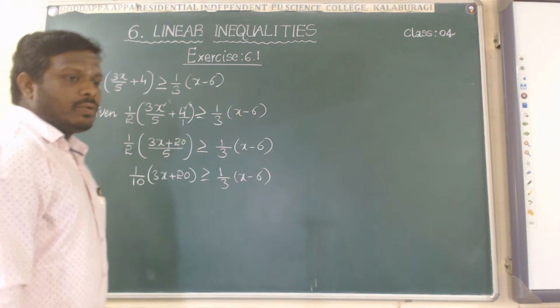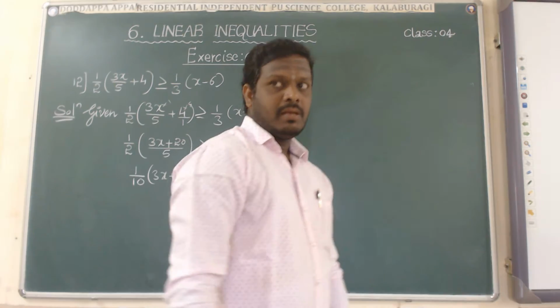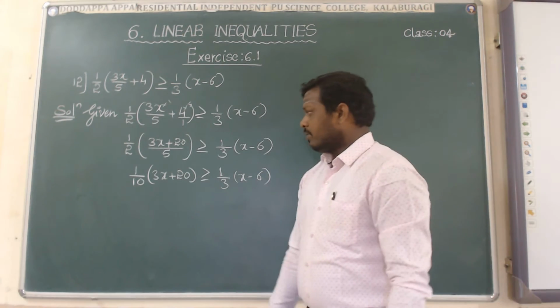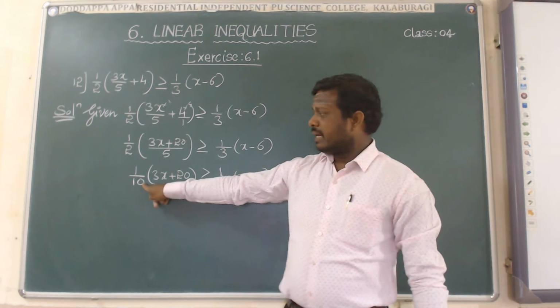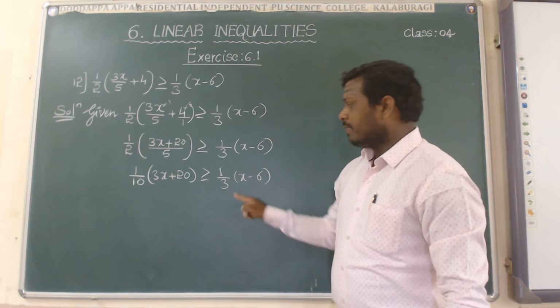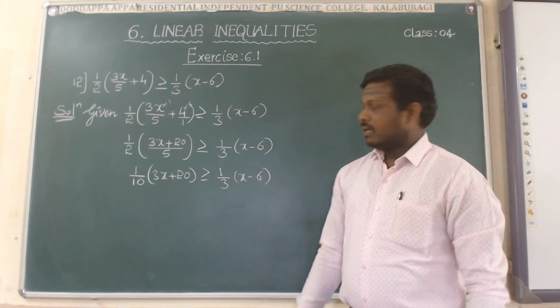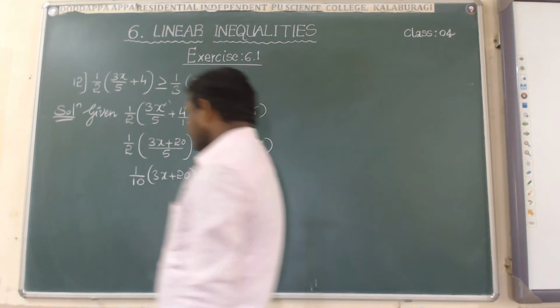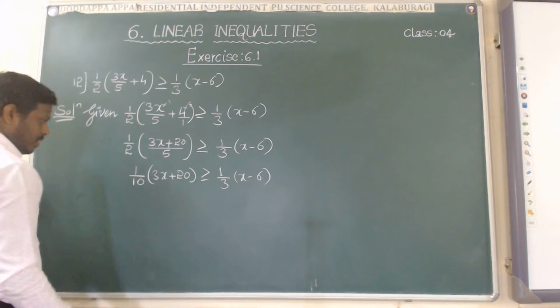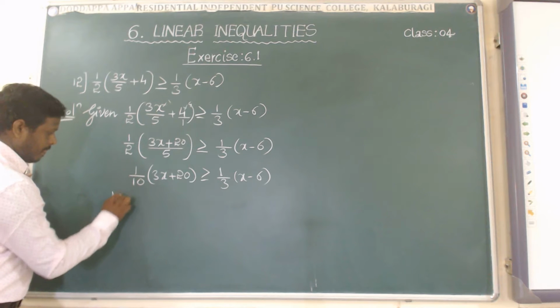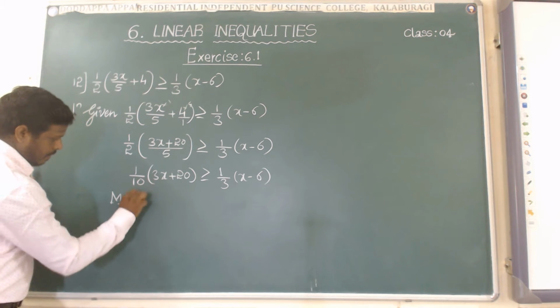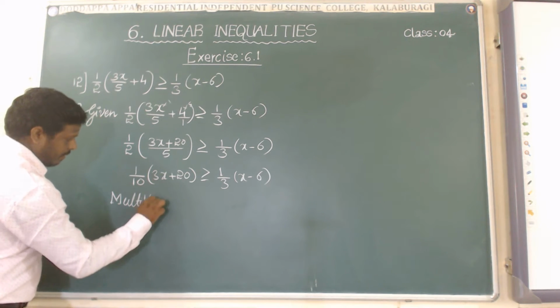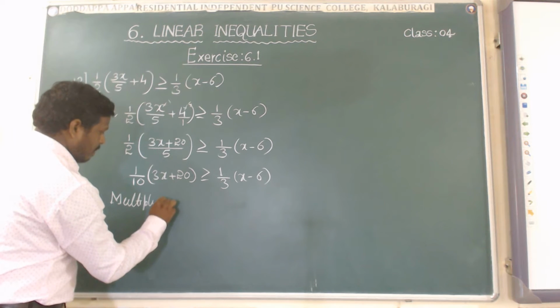Now apply the rule here. I want to remove 10 from the LHS side and 3 from the RHS side, so I am going to multiply both sides by 3 and 10.